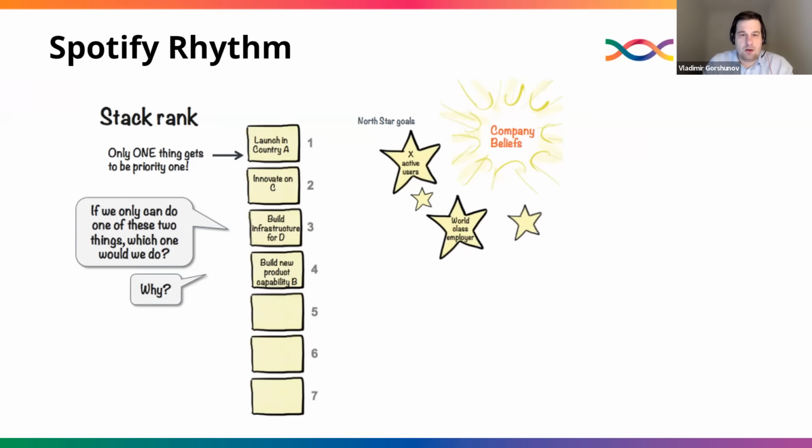In Spotify, how they describe it, they have some company beliefs, and that's what Andy was referring to originally when he was talking about the iceberg of goals. So we have some long-term goals, long-term visions. After that, we have our North Star goals.